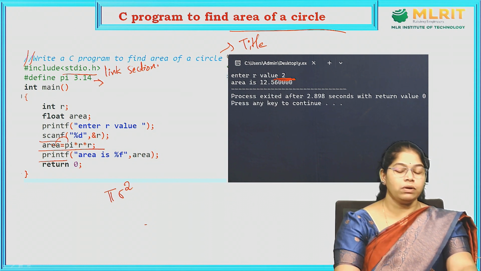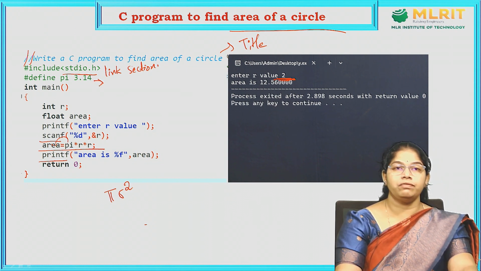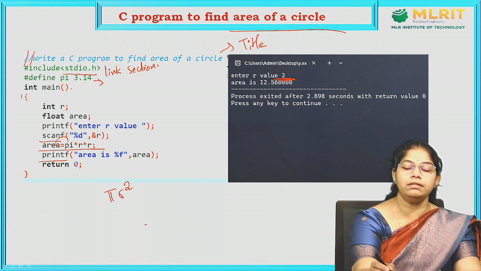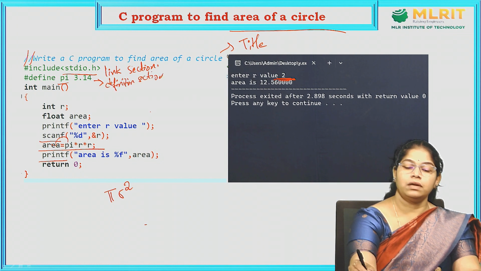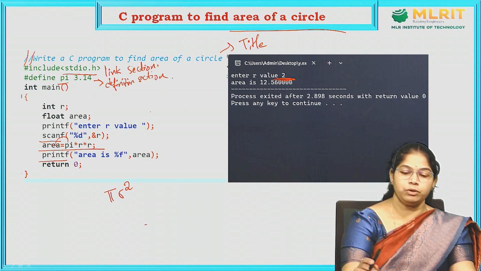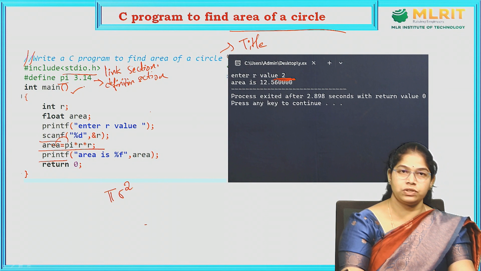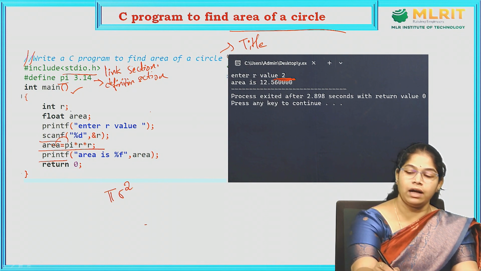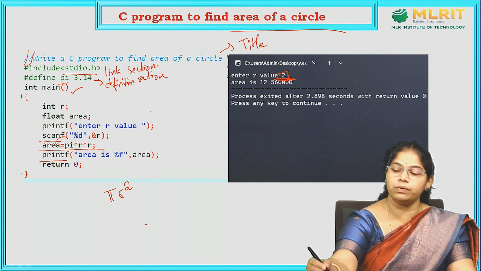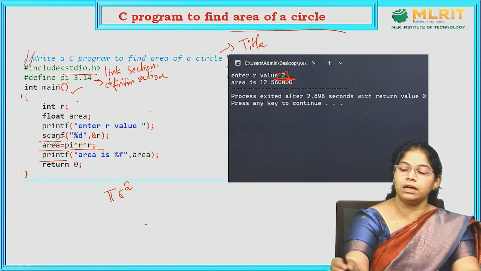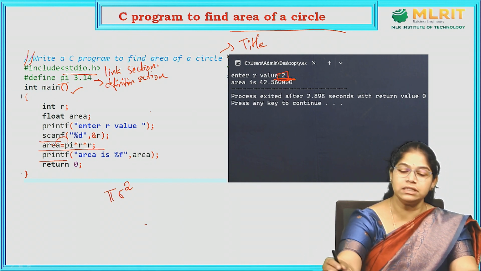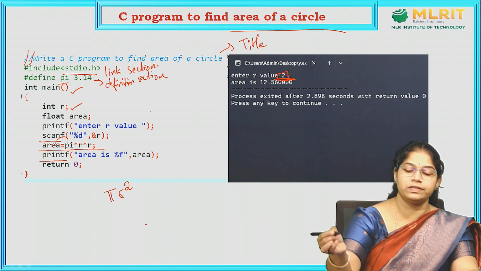As we all know that the pi value is 3.14, here I am defining a symbolic constant for the identifier called pi. This comes under the definition section. Then the program execution starts from the main section. Here the r value is 2, which is an input, an integer value, so I declared r as int.